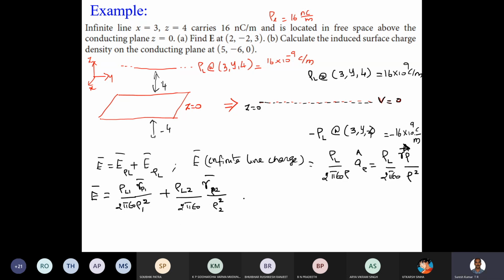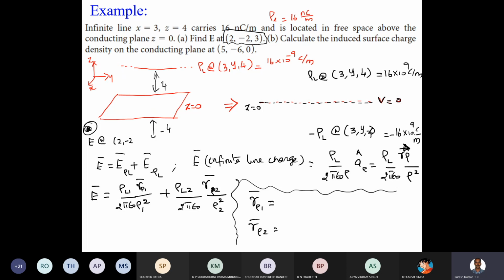Now let us write the equation. This is a simple thing. What is the unit vector equation for r rho 1? Where is the field point, where you are observing? You need to calculate electric field at, this is the first part of the question, 2 comma minus 2 comma 3. So this is the observation point. So that is the field point.